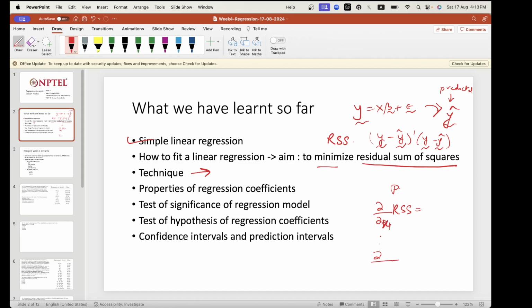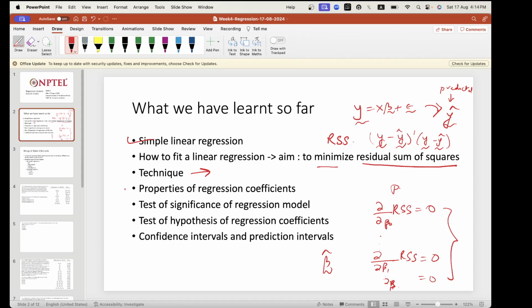So I would write here del beta naught, del beta 1 to del beta p, of RSS, and we would equate it to 0 and solve these simultaneous equations to obtain the predicted values of the coefficients. Okay, so this is how we did.